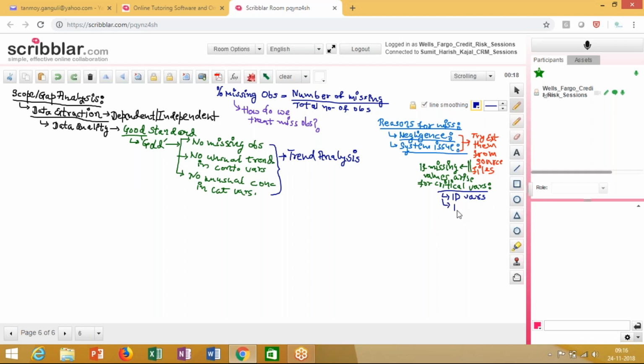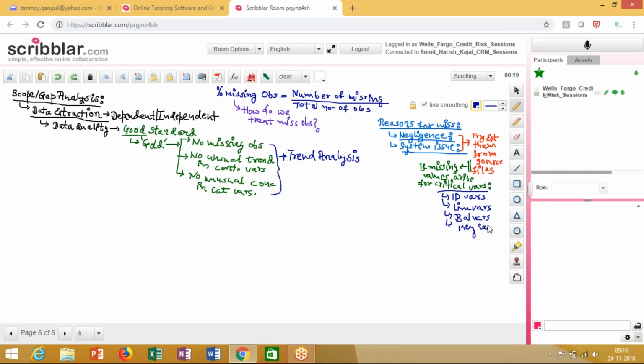Second is limit variables. Balance variables. And the key categorical variables.